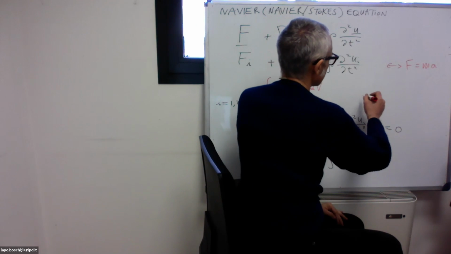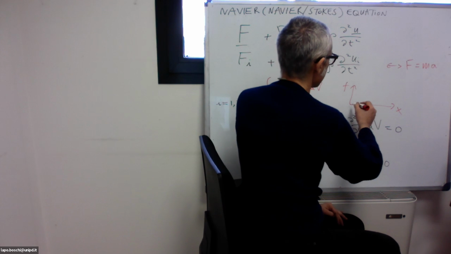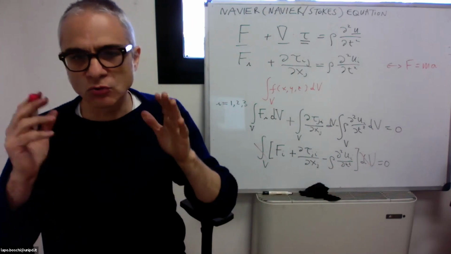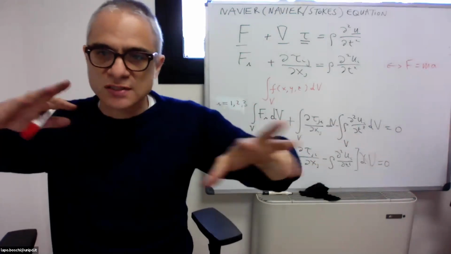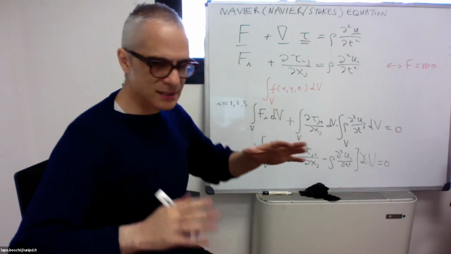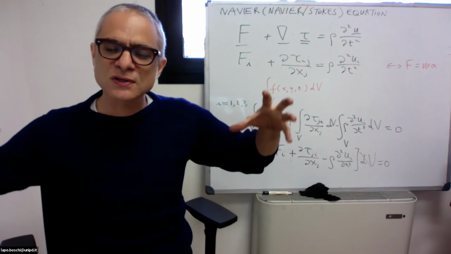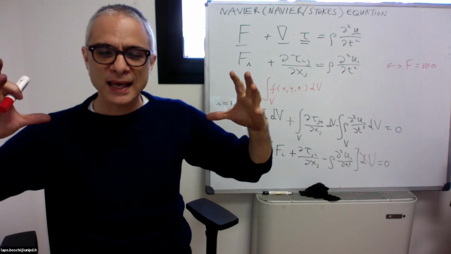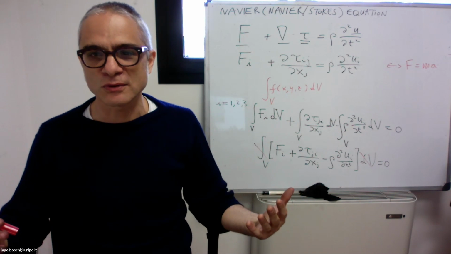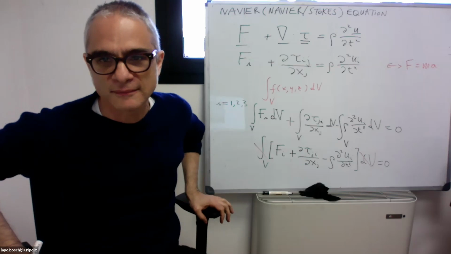Now imagine that you look at this function f, and this function changes as a function of x, y, z. But once you see it, you can say, okay, I'm going to take this volume so small, I'm going to keep making it smaller, smaller, smaller until within that volume, f doesn't change anymore. And I can always do that because there's no limit to how small I can take that.